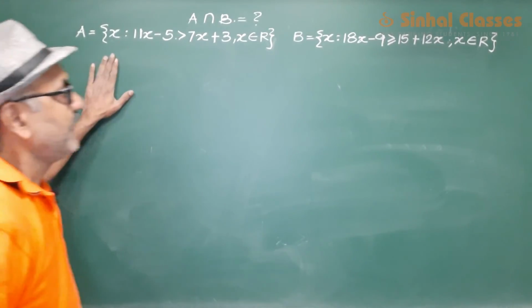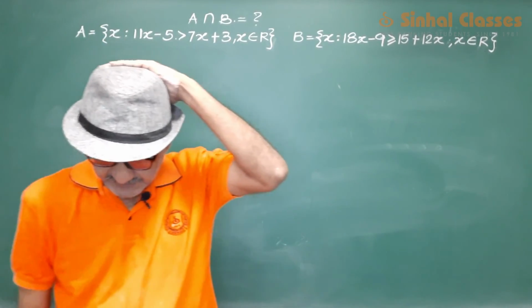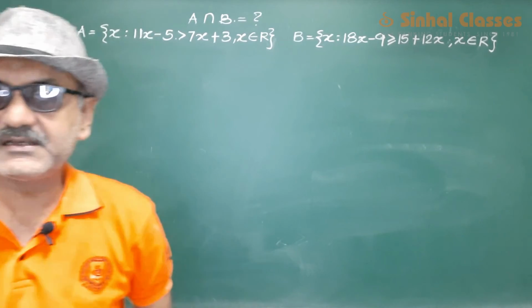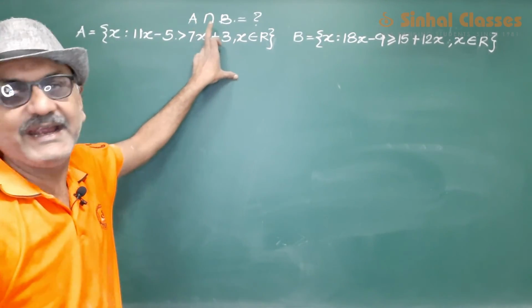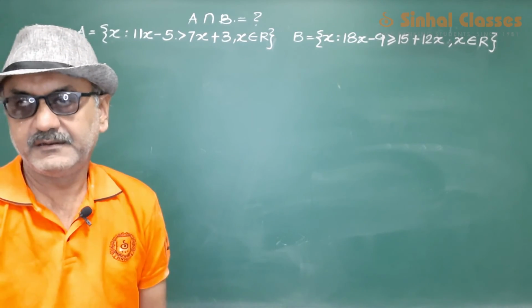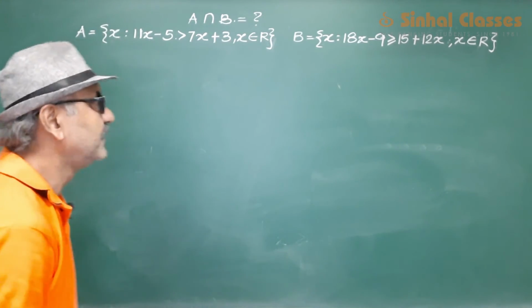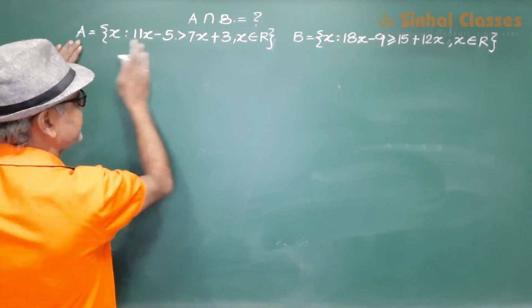Okay. Guys, now let us end this chapter with this important sum. In this sum, you are asked to find out A intersection B. You have to find out the intersection of set A and the set B. Now A is equal to this, B is equal to this.